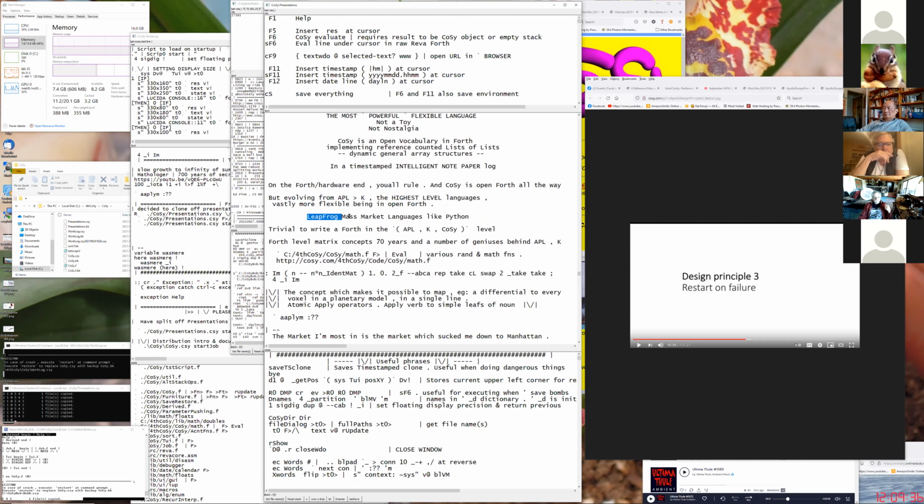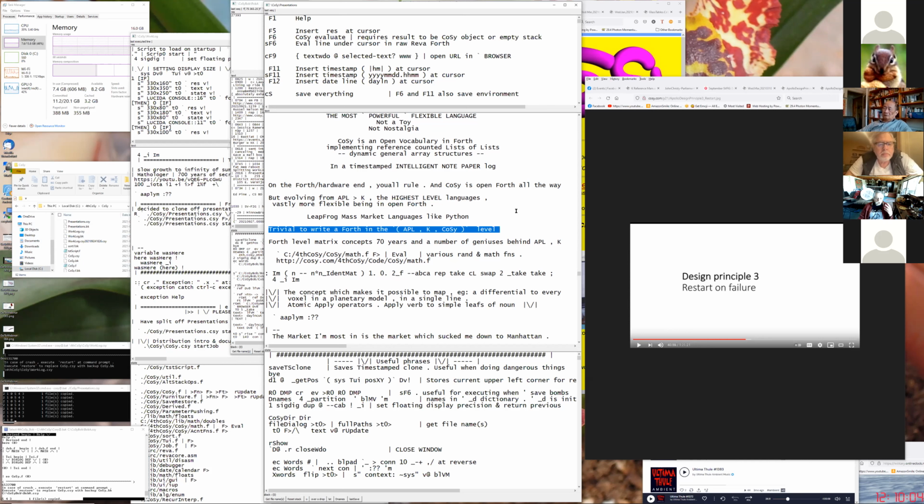It leapfrogs the mass market languages like Python and JavaScript. JavaScript has a unique position as an interface with the web, but these other languages I don't have time for, nor does somebody who's really running a company.